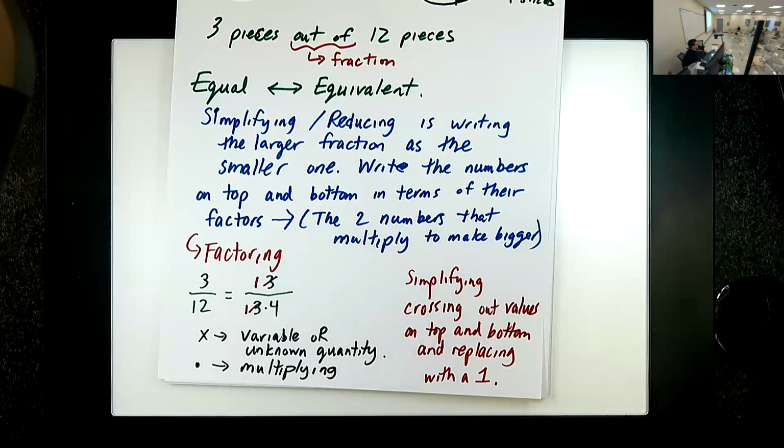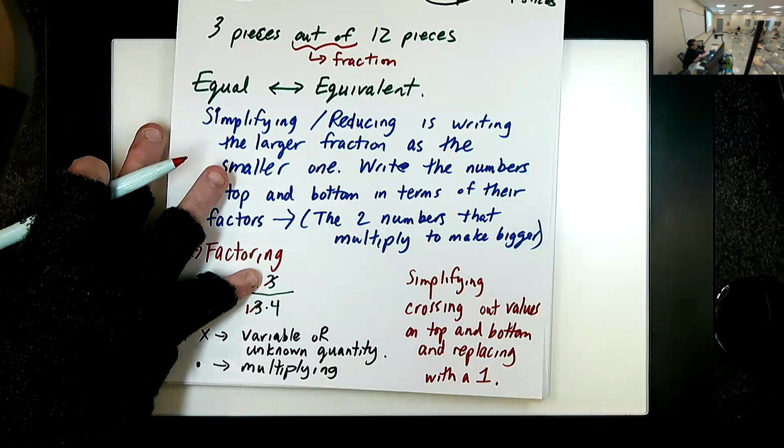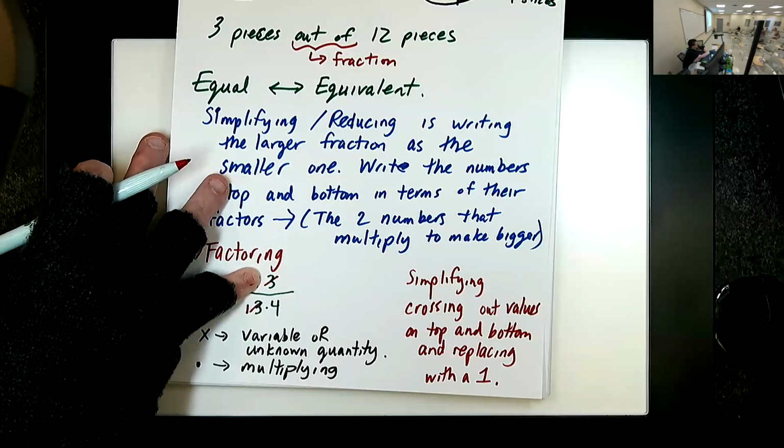It's important that you actually replace them with 1s. Because if you just cross off the numbers, it's easy right now to look at the top and say there's nothing left. What value do we associate with nothing? Zero, right?